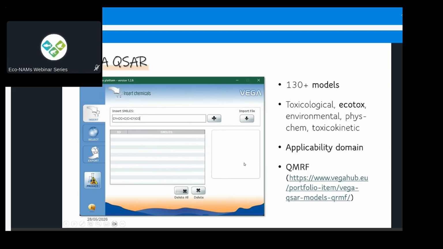On the VegaHub webpage and at this link, there are the QMRF, the QSAR model reporting format, documents that describe the model and that are mandatory if you want to register these chemicals, for instance, under the REACH regulation.